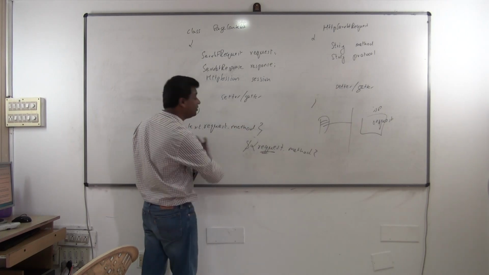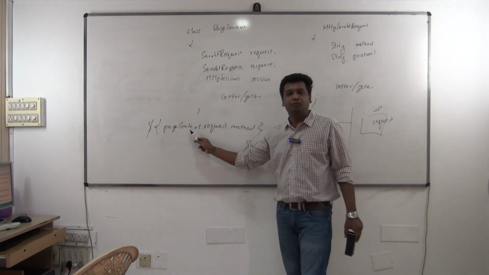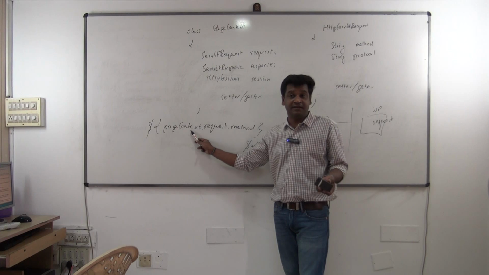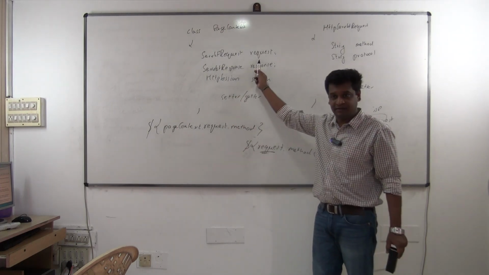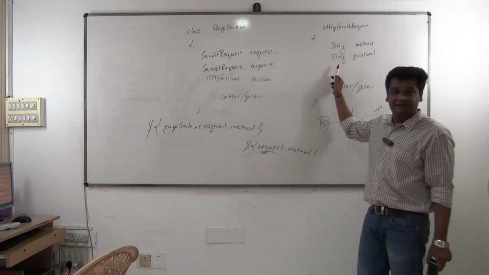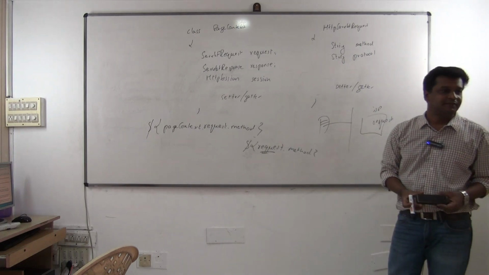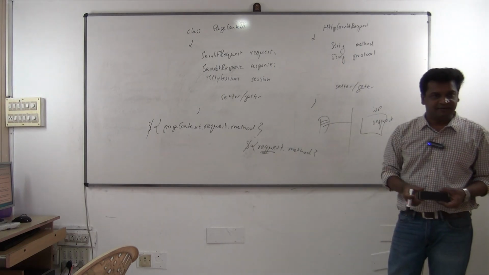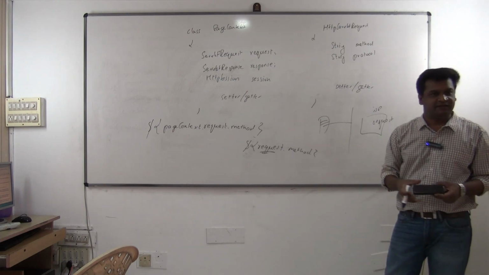If you want me to explain the syntax: pageContext is a bean, and request is a property of it. Again, request is a bean, and method is a property. I'll show you the Java code for that. So if you want, you write Java code, or you write EL and display it like this.